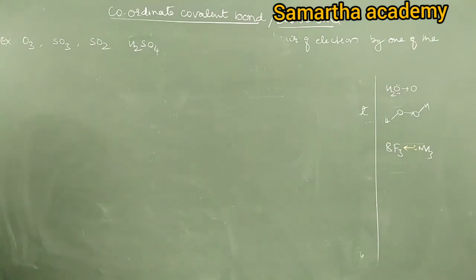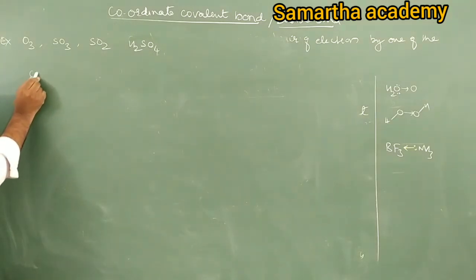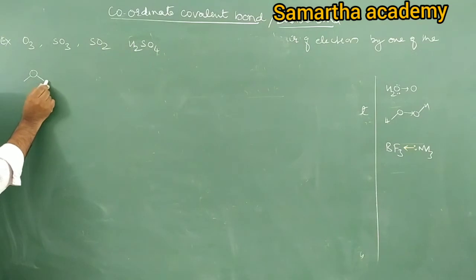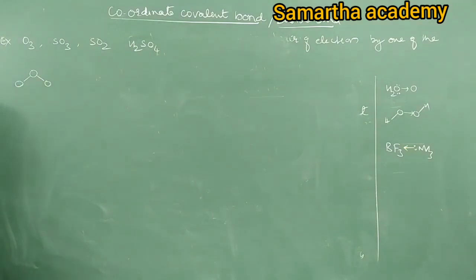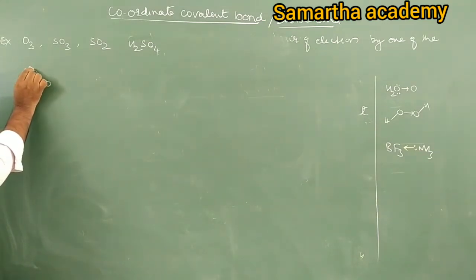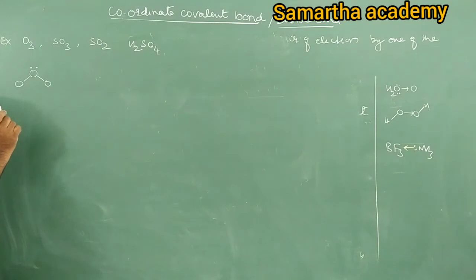Now the question is like this: which of the following molecules has a dative bond? It is a most commonly asked question, and I gave it in the DPP also. How to identify whether a molecule has a dative bond or coordinate covalent bond? Let us take ozone. We know that ozone has a bent structure like this, right? These are all single bonds, yes or no? But how many lone pairs does this oxygen have?